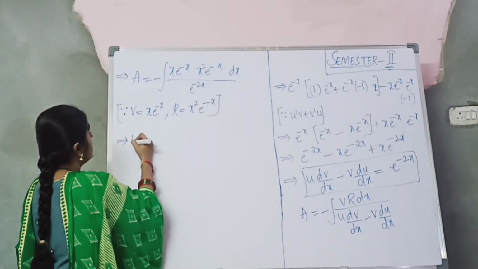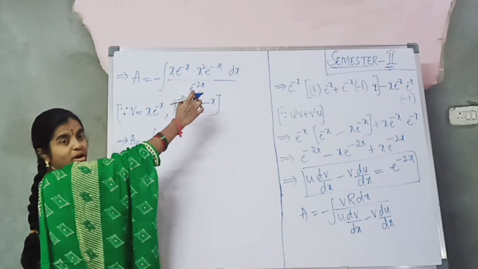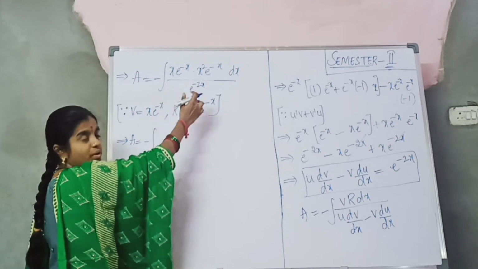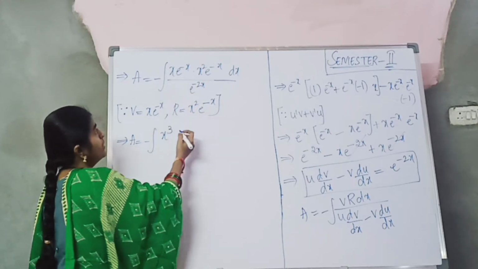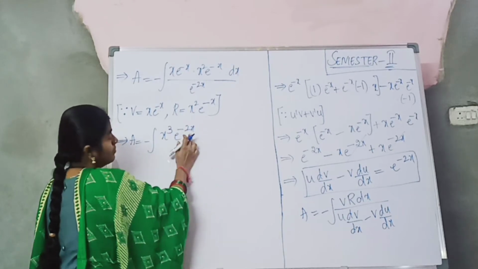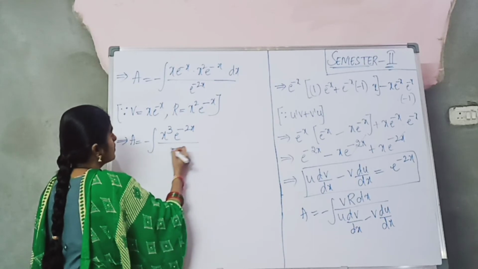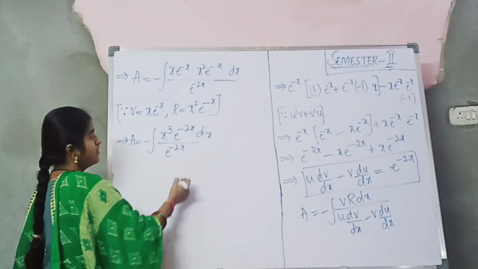So a equals minus integral of x into x square, which is x cube, into e power minus x into e power minus x, dx by e power minus 2x.